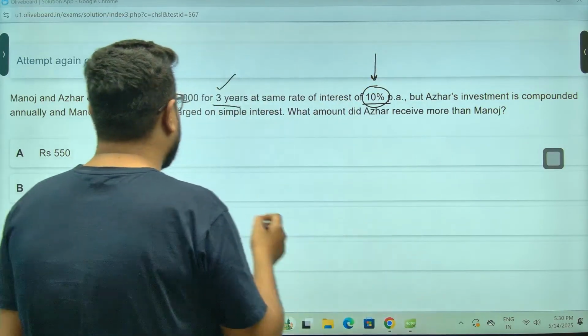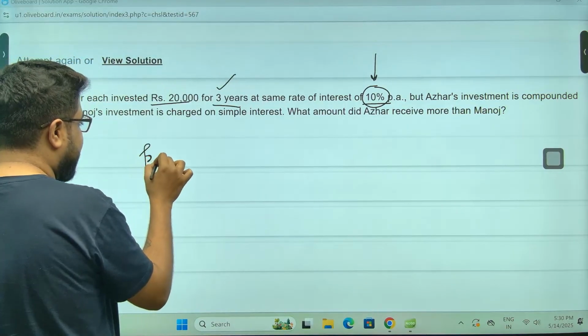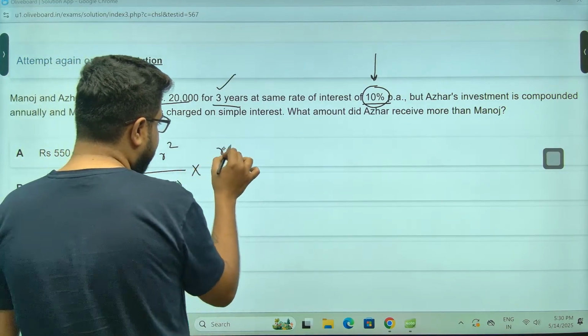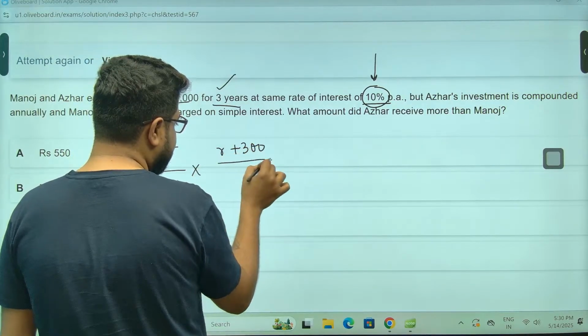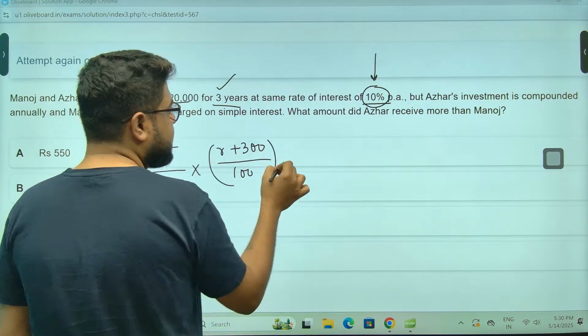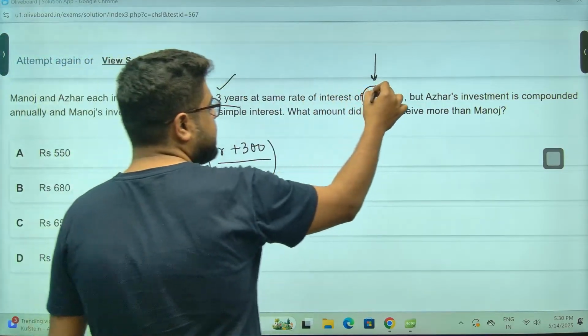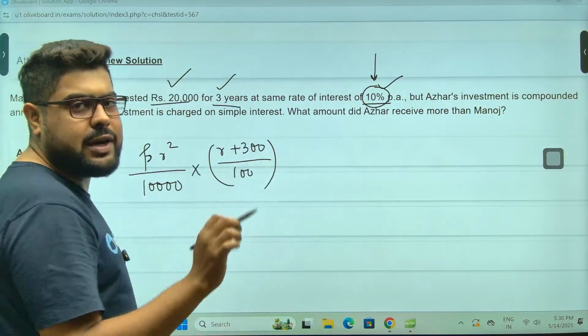The formula is PR squared by 10,000 into (R plus 300) by 100. P is this, R is this, so you can put the values and figure it out.